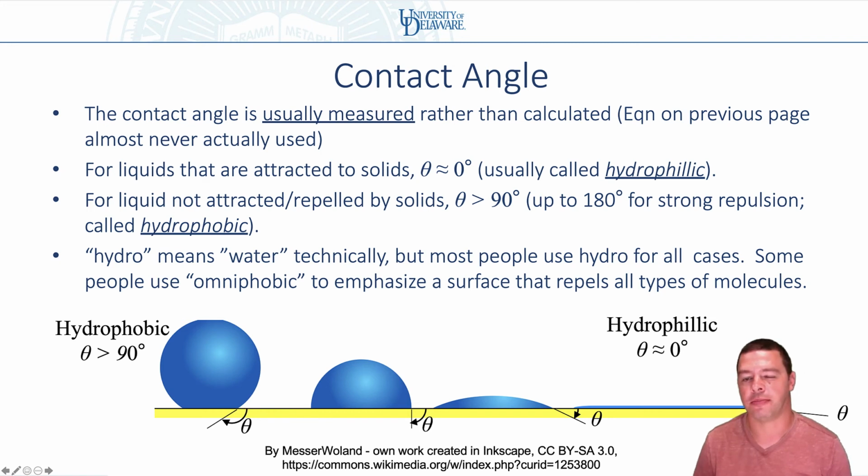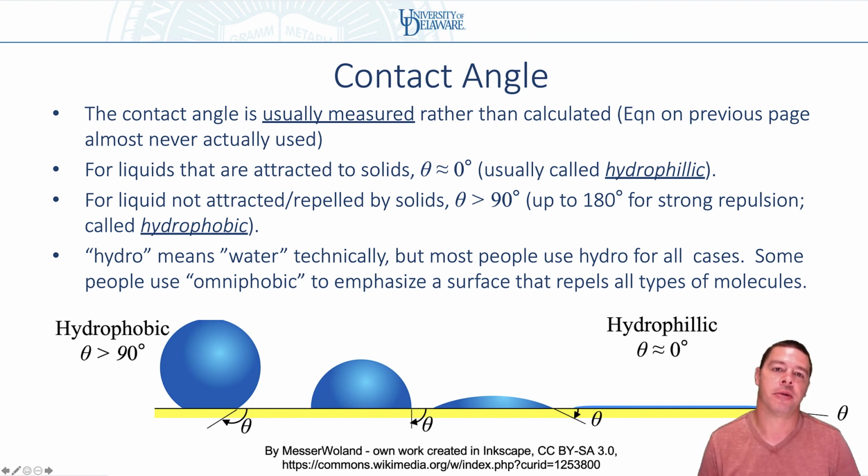You may have picked up on this, anybody who's good at Latin, but hydro means water. So hydrophilic and hydrophobic technically refer just to how water behaves when it's on top of a surface. But in practice, I think most engineers use all of those things interchangeably. So when people say hydrophobic and hydrophilic, they don't necessarily just mean water. Some people who are trying to sell their favorite surface will often emphasize words like omniphobic, which applies to more than just water.